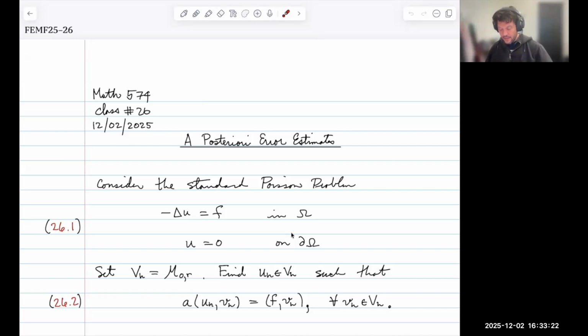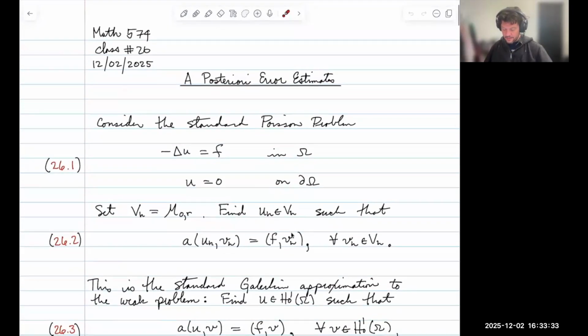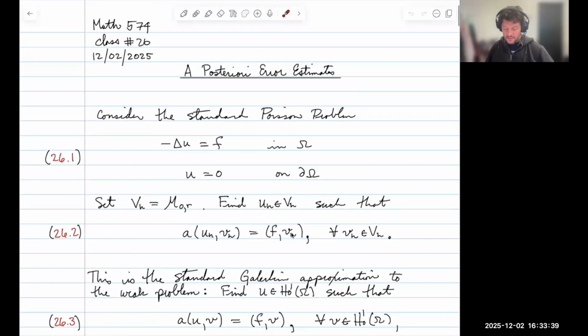So I'm going to try to get through this. I had hoped to get through it today, but that doesn't look like it's going to happen. So we'll have to conclude with one more lecture, but it doesn't look like it'll be all that much in addition to what I'm going to talk about today. So maybe if we had another 20 or 30 minutes, we could finish it up.